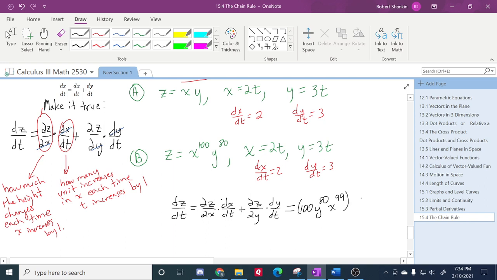And then dx dt was 2. Plus, and then dz dy is 80 x to the 100 y to the 79. So you decrease that by 1 times dy dt, which is 3.